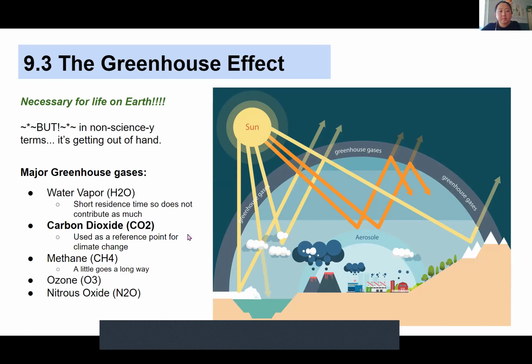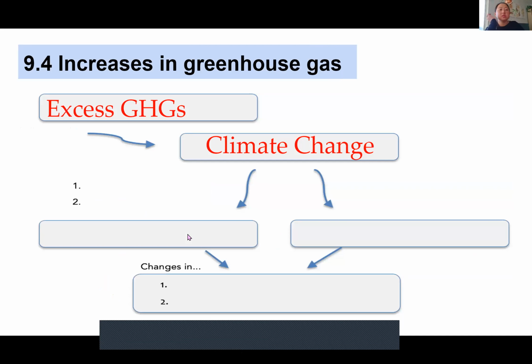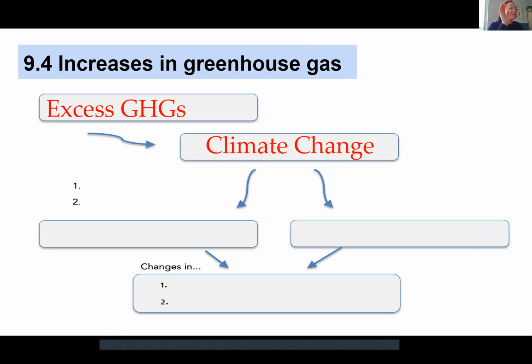All right. Okay, so the next section, they want to talk about increases in greenhouse gas, and there's a myriad of things that happen when there's an increase in greenhouse gas, but we'll just chunk it up to climate change happens when there's a release of greenhouse gas. Let's name two of the things. With the increase of greenhouse gas, with the temperature rises, the ice sheets in the polar regions are going to melt.